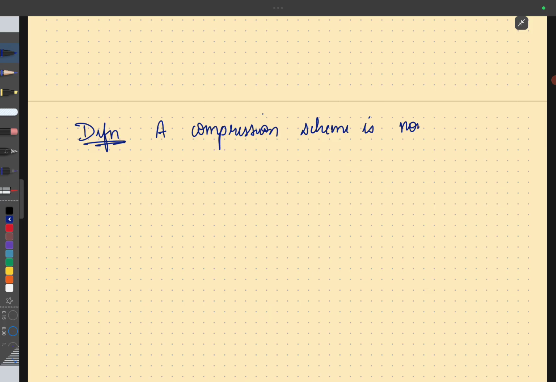is non-singular if the code words for any two distinct symbols are distinct.